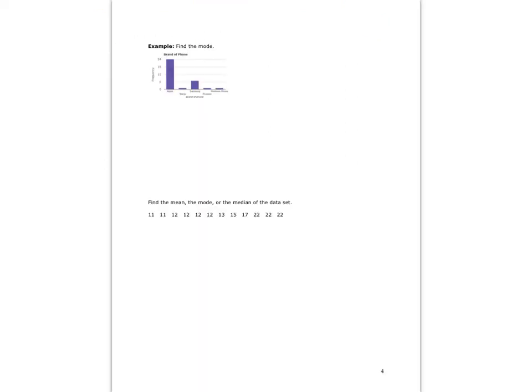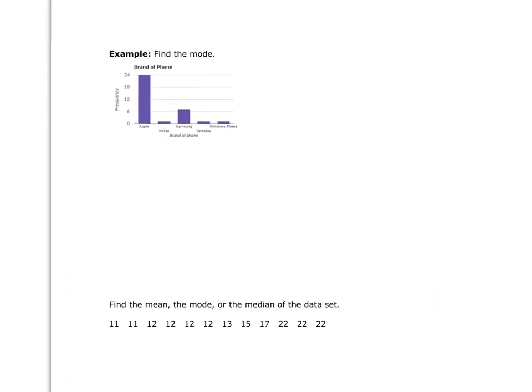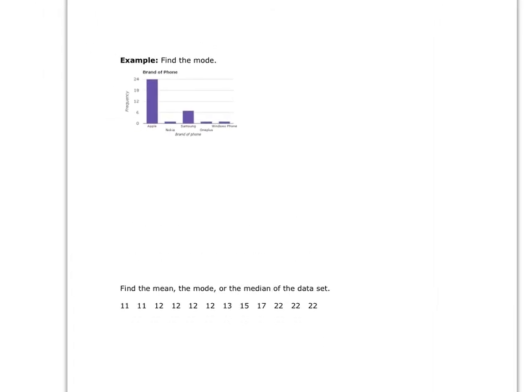Okay, so let's look at these examples. Here we've got some qualitative data. We're just given a bar chart. Easy to pick out the mode. Of course, the brand that is most frequently owned and used, and I'm not sure what the population or the sample is, is Apple. We probably didn't even need a bar chart to see that.